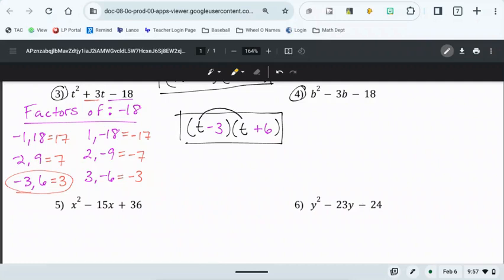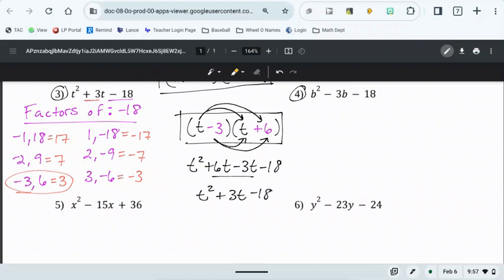So we do t times t is t squared, t times 6, 6t, negative 3 times t, negative 3t, negative 3 times positive 6 is negative 18. Combine like terms, t squared plus 3t minus 18. And there we have it, right? We got back to where we started, so we know we have factored correctly.